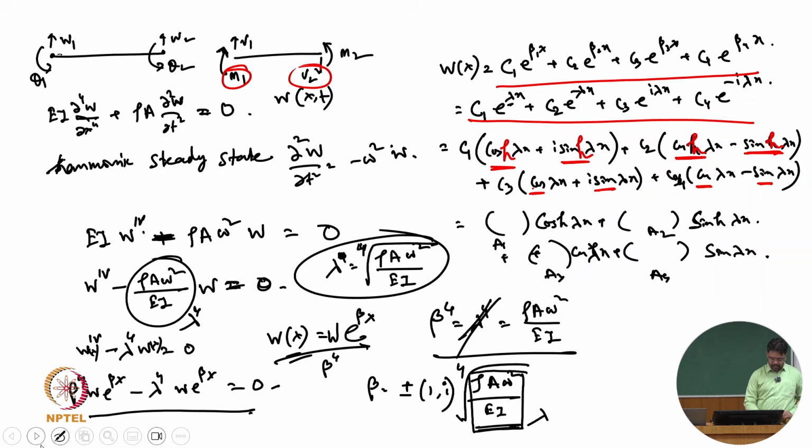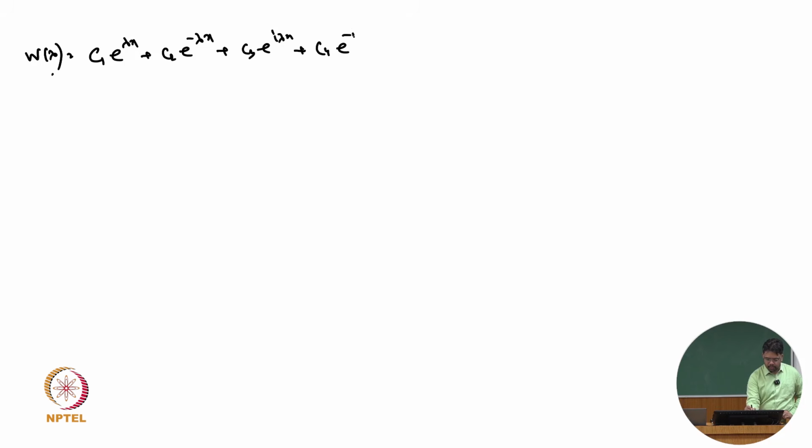So what happens? Now my w, if I just go to the next slide, I write c1 e to the power of lambda x plus c2 e to the power of minus lambda x plus c3 e to the power of I lambda x plus c4 e to the power of minus I lambda x.